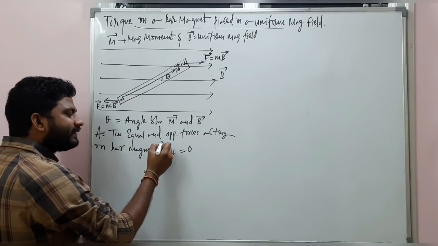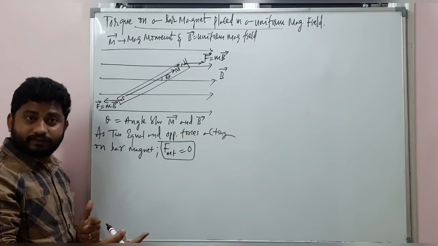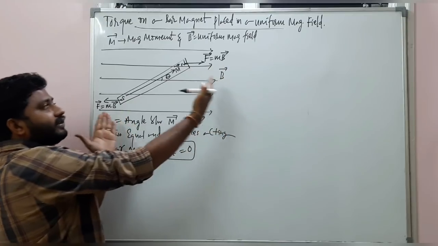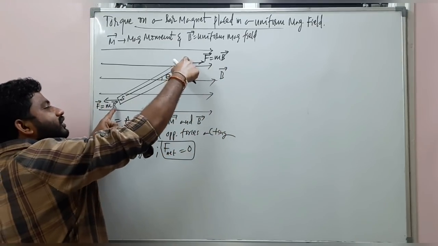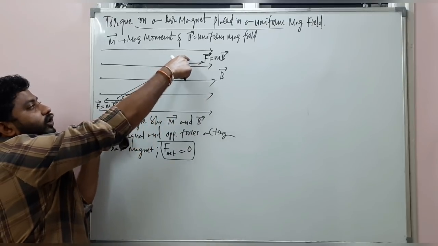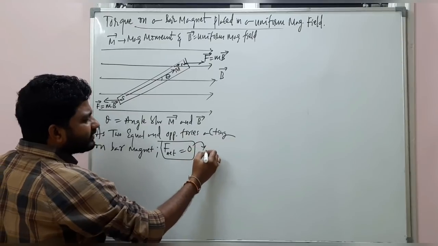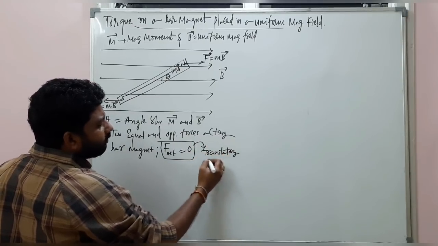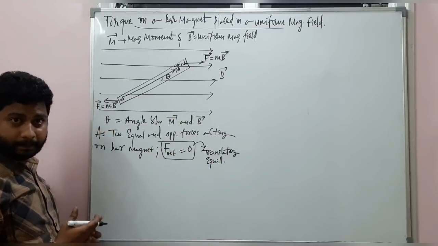It's called net translatory force, because in horizontal direction, either towards right side or left side, the system will not move here because the net force of these two will be zero. So that's called the body is in translatory equilibrium. Clear? The body is in translatory equilibrium.